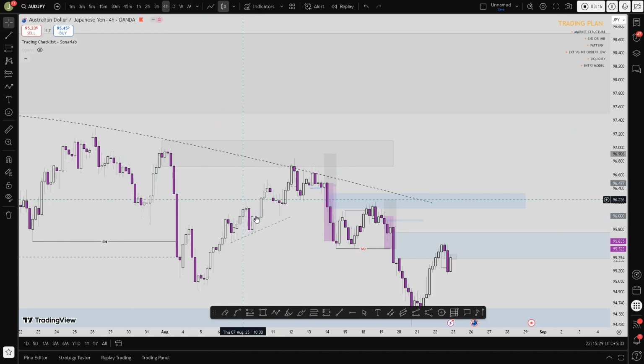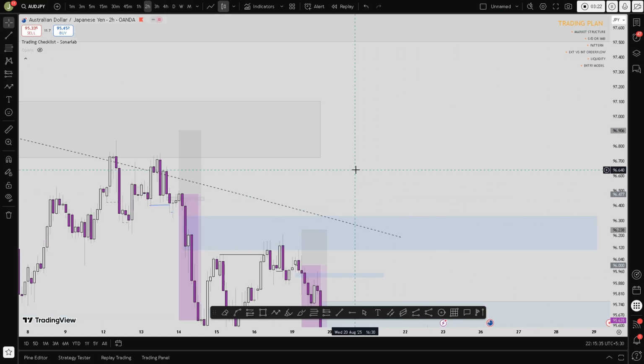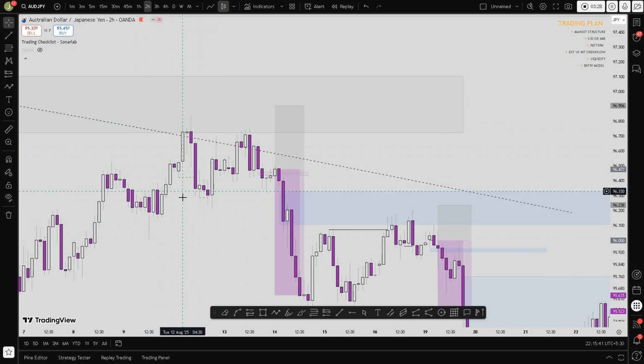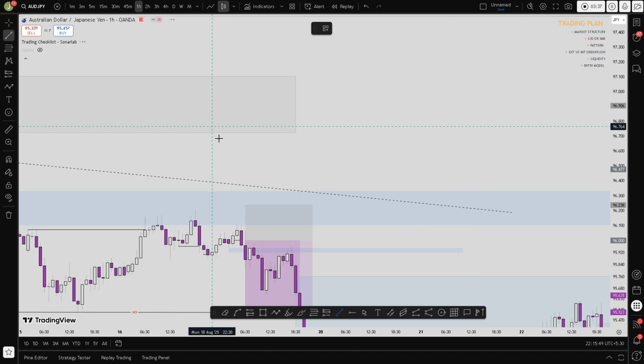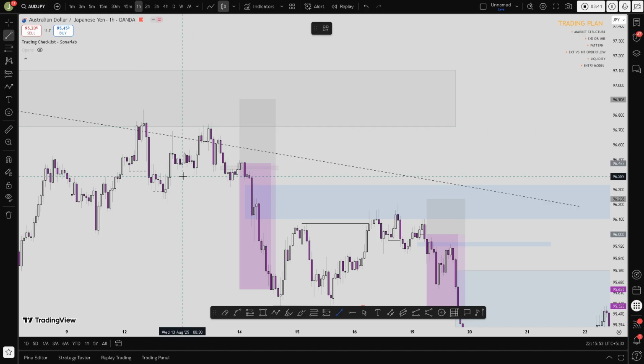So I waited for the price to come to the area of supply. I went on the 1 hour. I waited for some kind of confirmation, which was first a change of character. Then we had a breakout structure showing that the trend is bearish. And then I waited for additional confirmation.